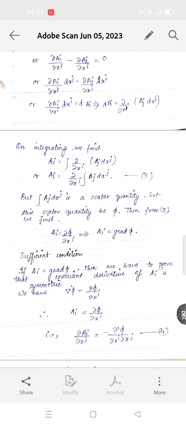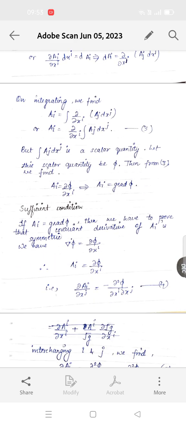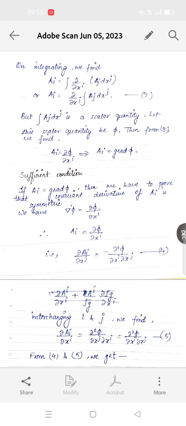Now on integrating this equation, we find A_i is equal to integration of del by del x^i A_j dx^j, and rearranging it, we finally get A_i is equal to del by del x^i integration of A_j dx^j, putting it as the third equation.